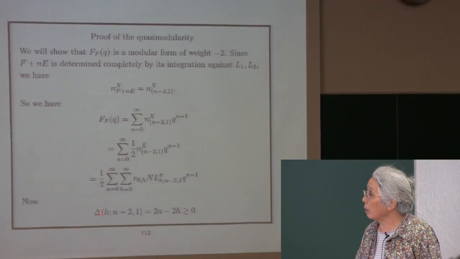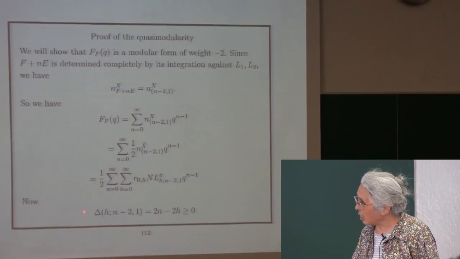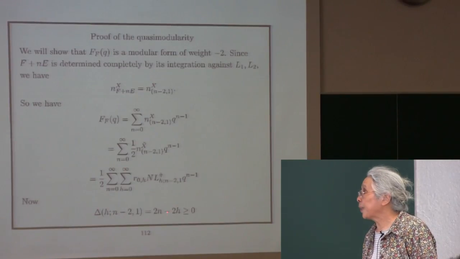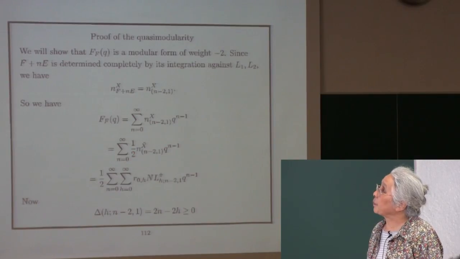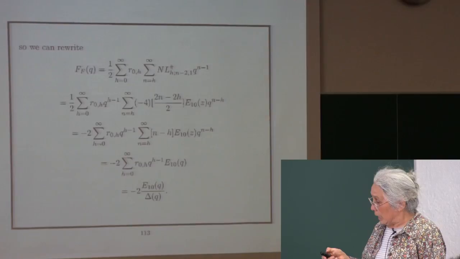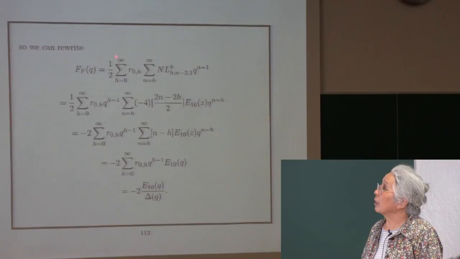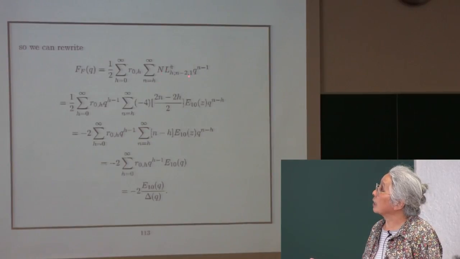And then the determinant, Delta(h, n-1), is 2n minus 2h, which is non-negative. Okay, so we can write the generating function as half of the sum over h from 0 to infinity of r_{0,h}, and then the sum over n from h to infinity of this number times q^(n-1).